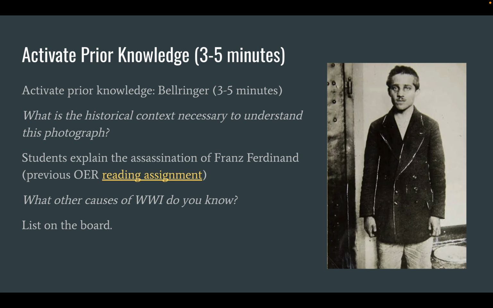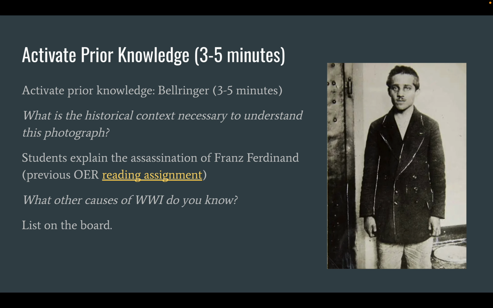And so students would come in and they would be asked to know who this man is and identify the historical context. Probably right away, they would be able to say this is related to World War One because of their previous homework. And hopefully, they would be able to identify this as the person who assassinated Archduke Franz Ferdinand.